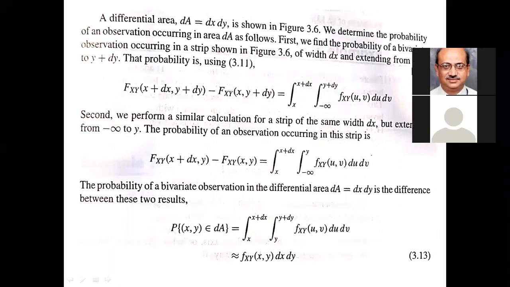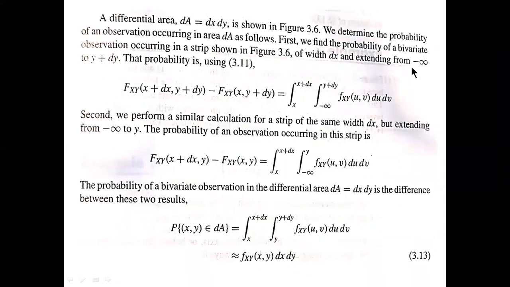You can take y plus dy in both places, whereas here it is x plus dx and here it is x only. So here we have x to x plus dx, whereas the other limit is minus infinity to y plus dy.